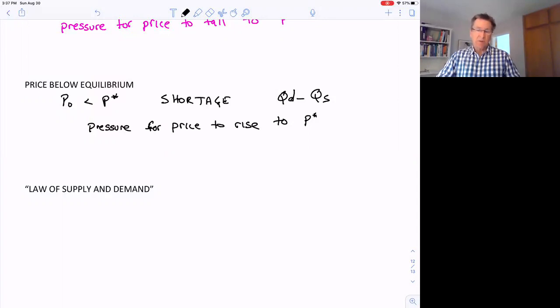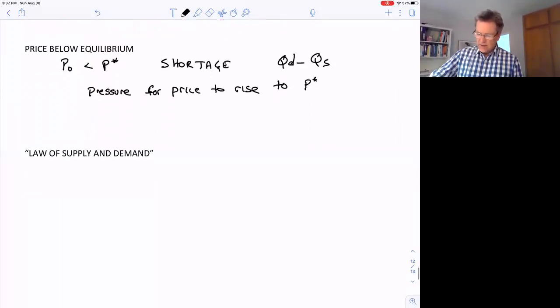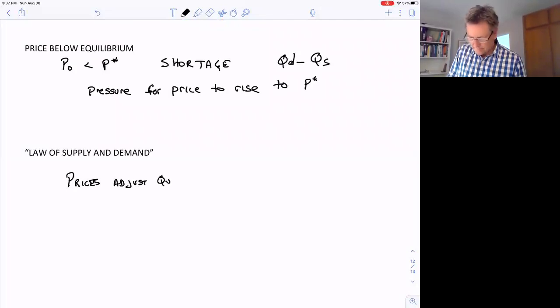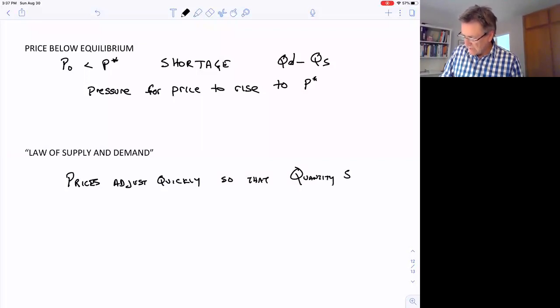This leads to the law of supply and demand. The law of supply and demand is that prices adjust quickly so that the quantity supplied and quantity demanded are equal.